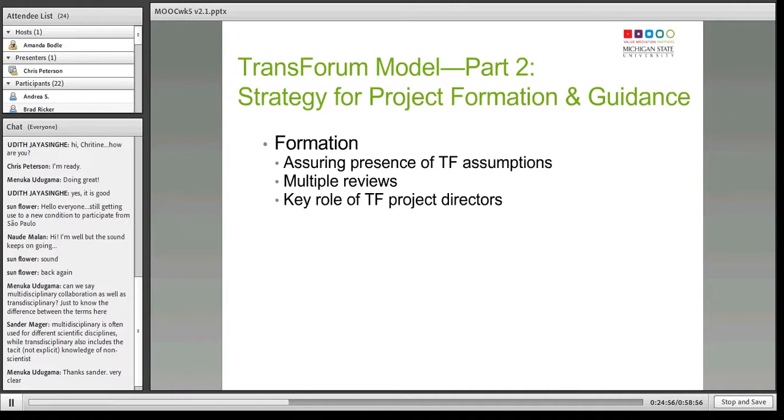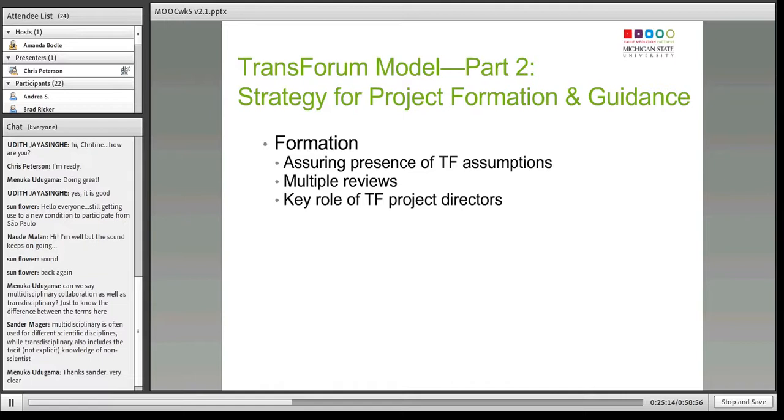And so there was a key role for the Transforum project directors.